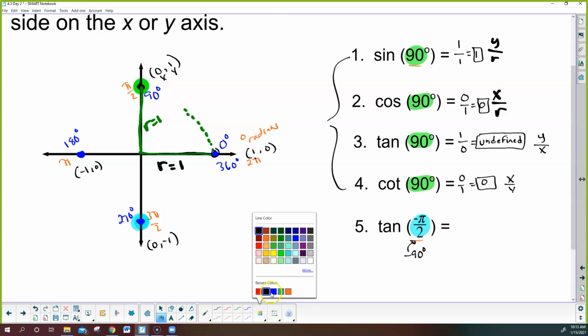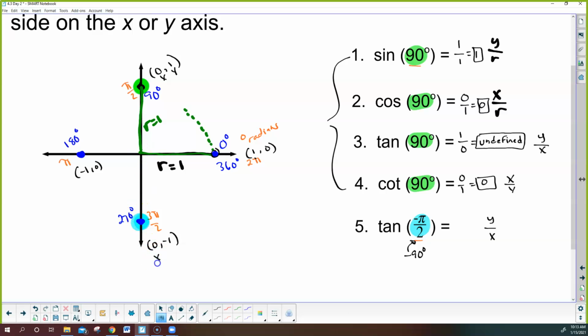And then all we would do is figure out, all right, tangent. Well, what is tangent? Tangent is y over x. And if I'm at this point right here, that means I started at the origin, I went over 0, down 1. So the x is 0 and the y is negative 1. And now we know what y and x is.